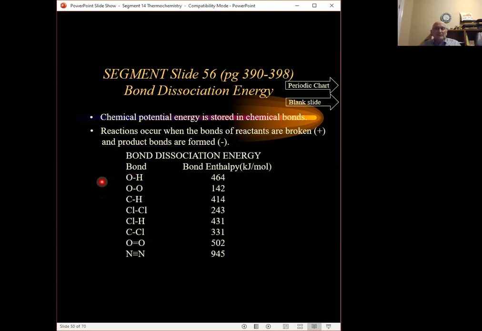So here are some typical bond energies. Just so you might know where it comes from, there's a device we talked about, gosh, I believe that was back in Gen Chem 1 too. It's called a mass spectrometer.